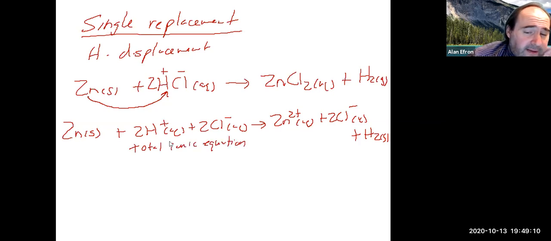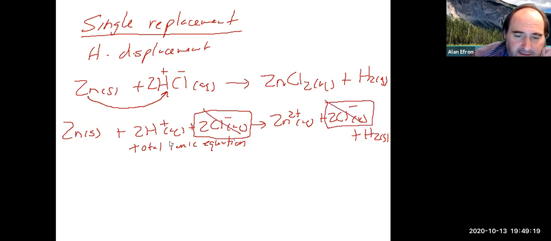And you would look for spectator ions on both sides, and hopefully you will see it's actually only the chloride in this case. The H pluses do not cancel out because H2 is not an ion on the right, and they don't look exactly the same.